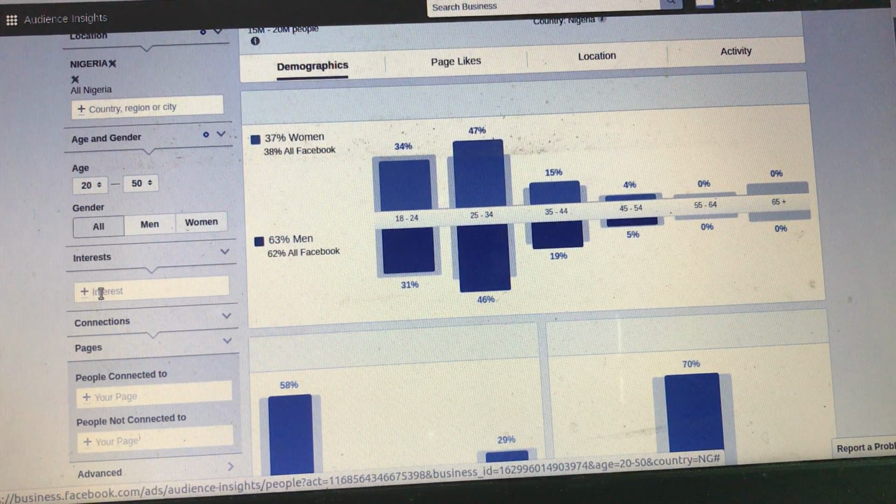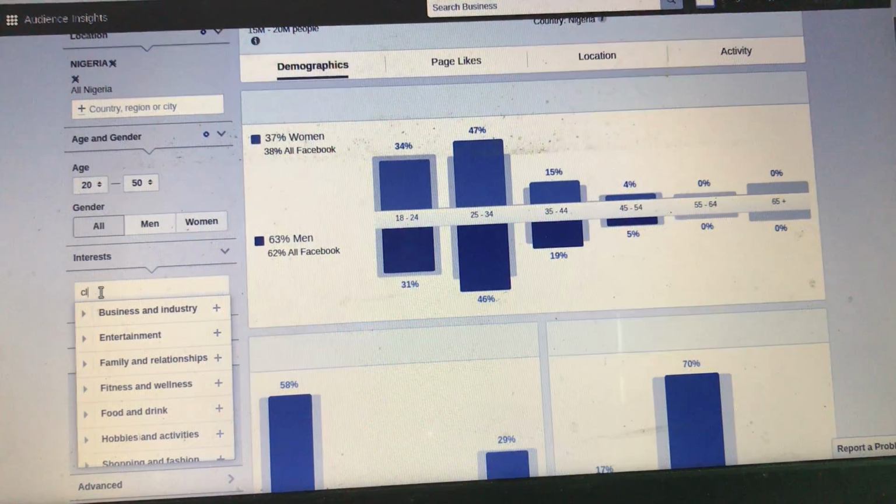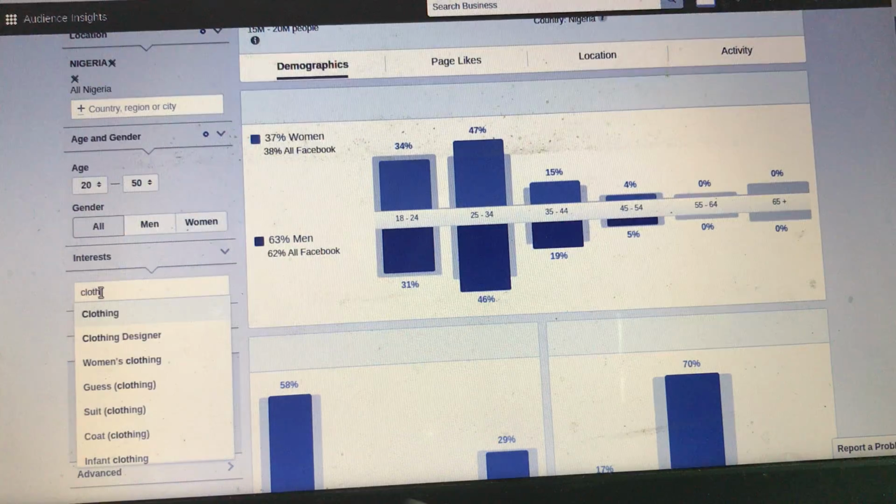So now let's assume I sell ladies wears, and I want to sell to both genders, men and women, then the age I'm targeting is 20 to 50. So what could be the interest of those people? Okay, maybe we can say clothing, because I'm selling wears. We can say clothing.